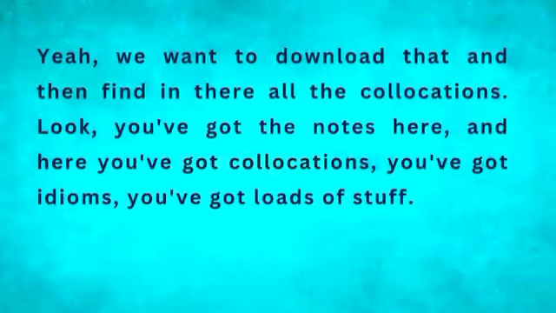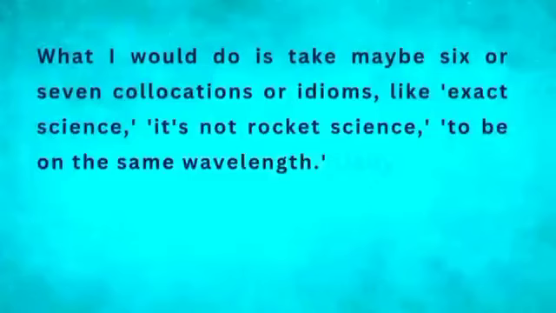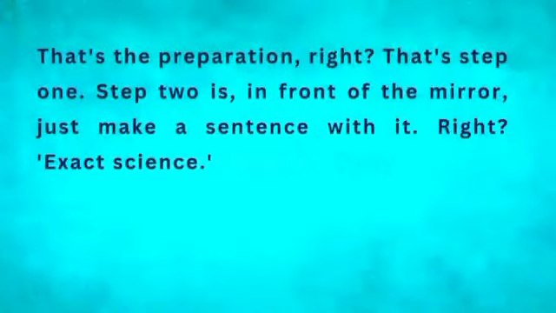Look, you've got the notes here, and here you've got collocations, you've got idioms, you've got loads of stuff. What I would do is take maybe 6 or 7 collocations or idioms, like exact science. It's not rocket science. To be on the same wavelength. That's the preparation, right? That's step 1.